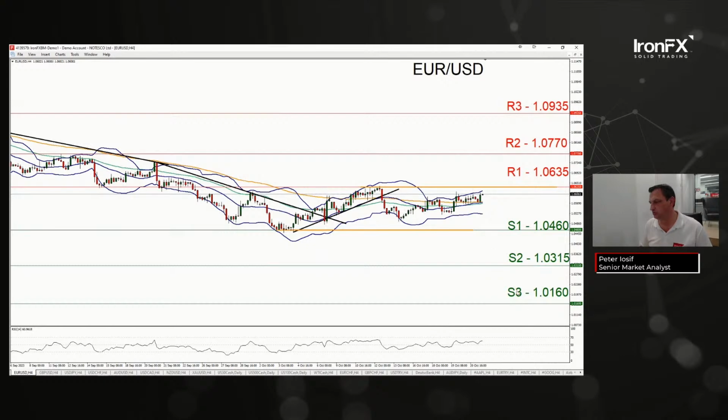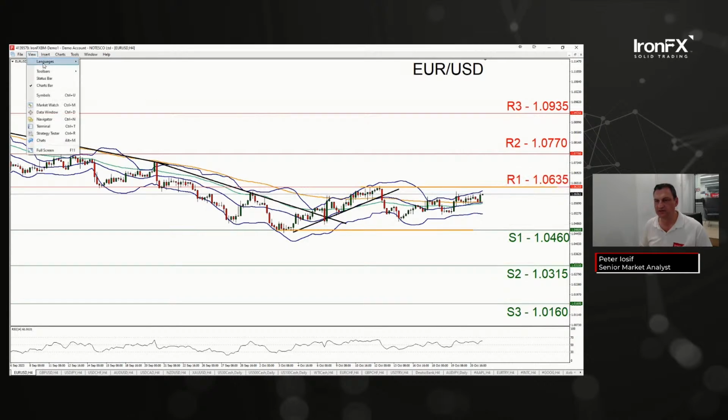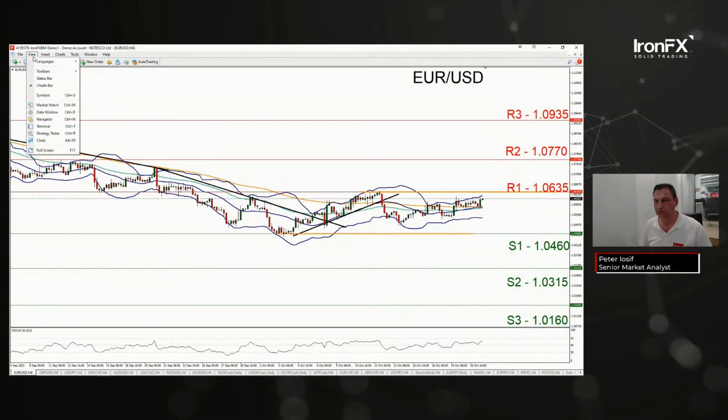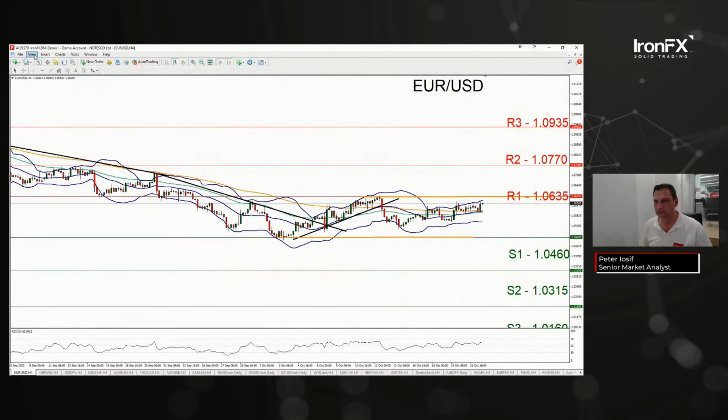Allow me to just resolve a little bit the chart, readjust it, so we get a clearer picture here. Let's also add some toolbars.